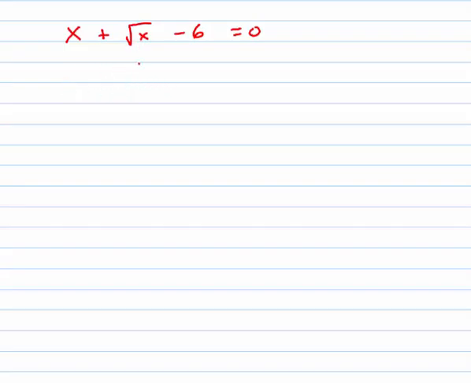If we let u be equal to the square root of x, then u squared is equal to x. So we can replace the x by u squared and the square root of x by u: u squared plus u minus 6 is equal to 0. So this turned out to be quadratic in form if we make this substitution.